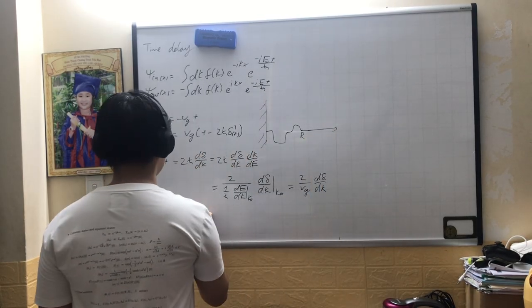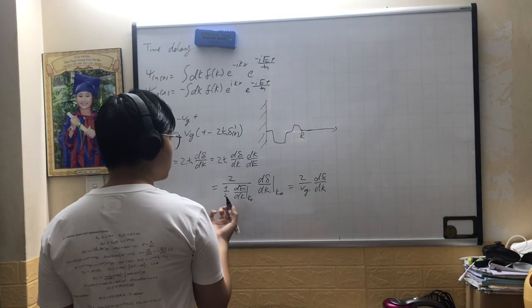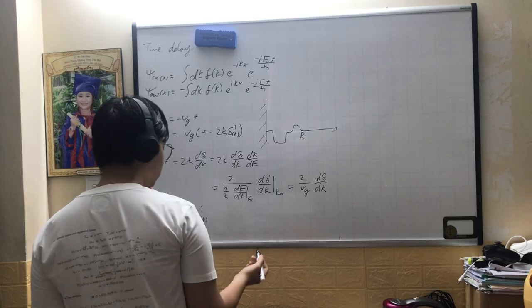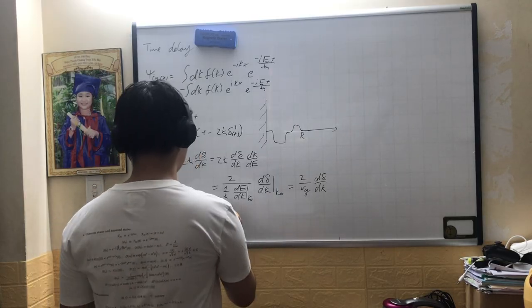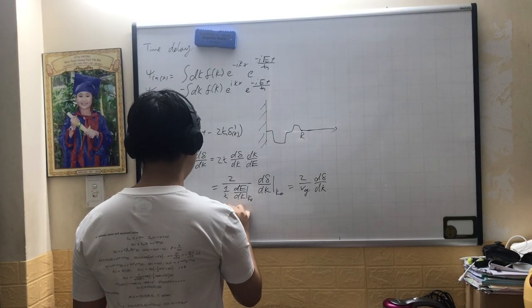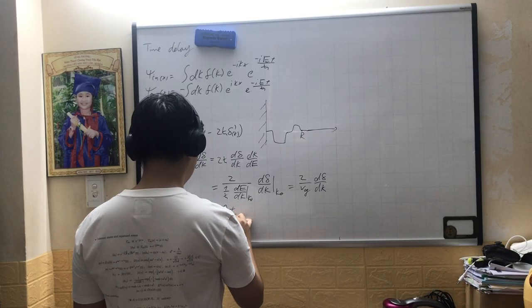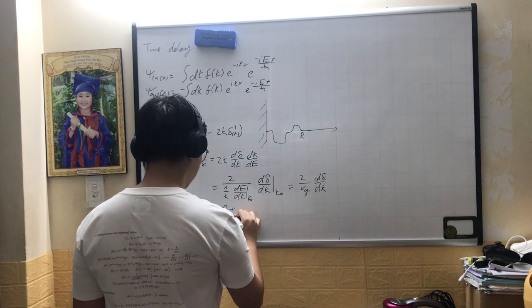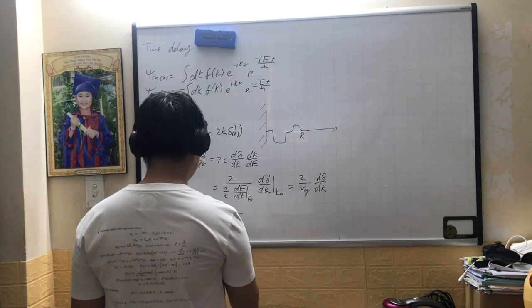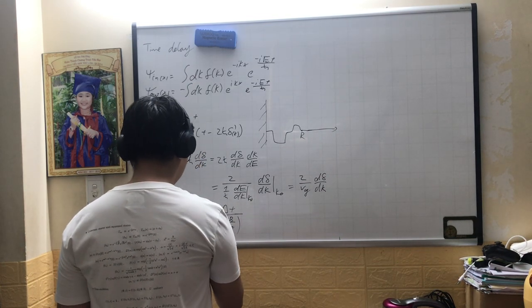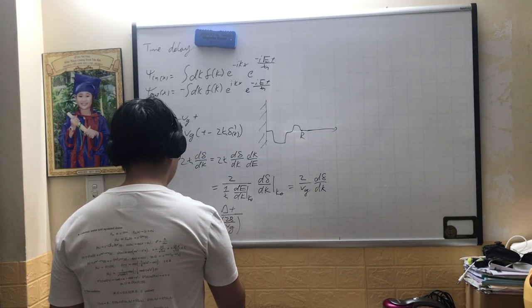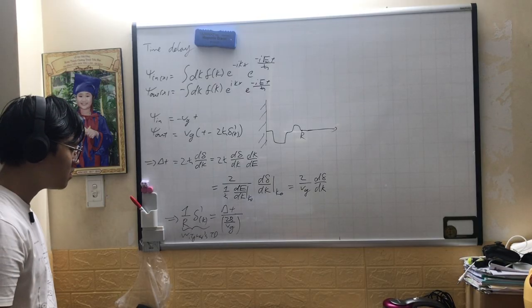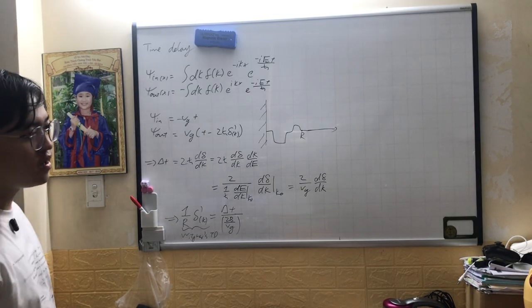I don't remember the name, so I will take 1 over r, the derivative of delta with respect to k, to be equal to 2r over v_g. And this here is called the Wigner time delay. So that is what we have now.